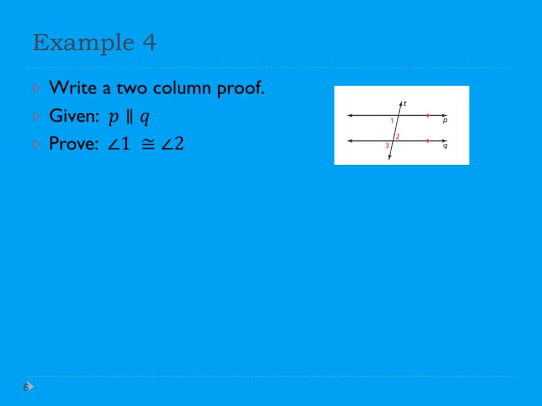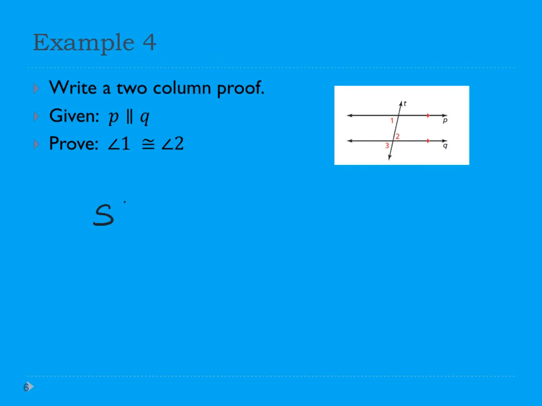You could have P parallel to Q is given, and then your proof statement, prove that 1 is congruent to 2, and you would say, by the alternate interior angles theorem. But because we're proving the theorem, we can't use that. Again, you would just do this in 2 steps. You wouldn't have to do this process, but I want to demonstrate the logic behind proofs.